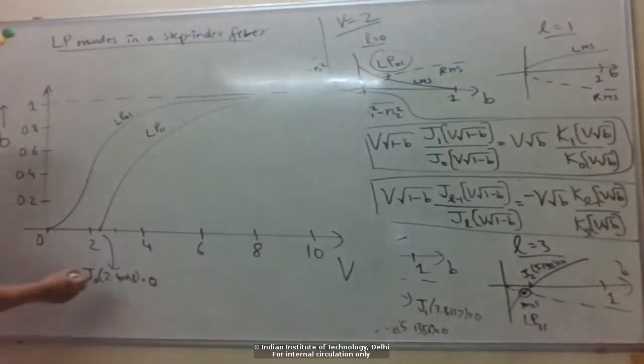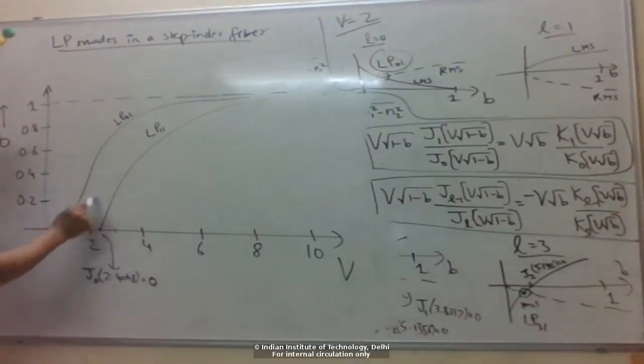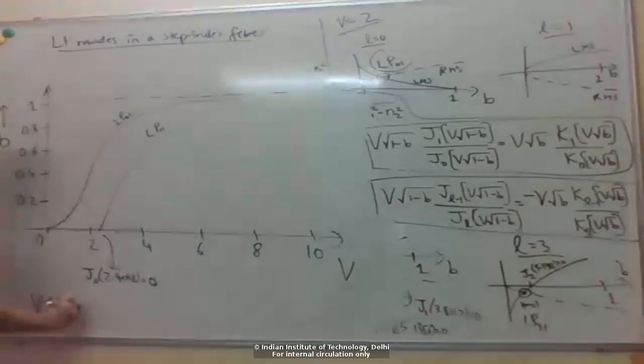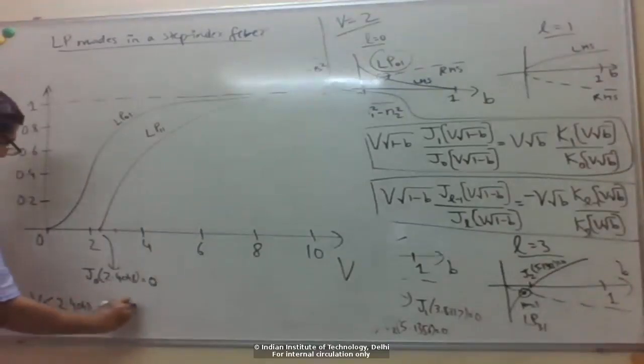Right, so again, below V of 2.4, only one mode exists, which is LP01. So if the V number of the fiber is less than this 2.4, then it's called a single mode fiber.